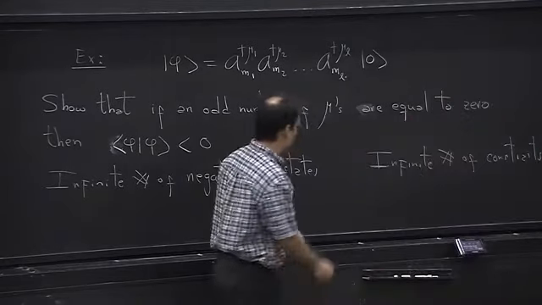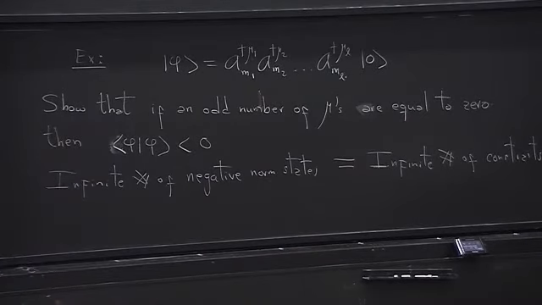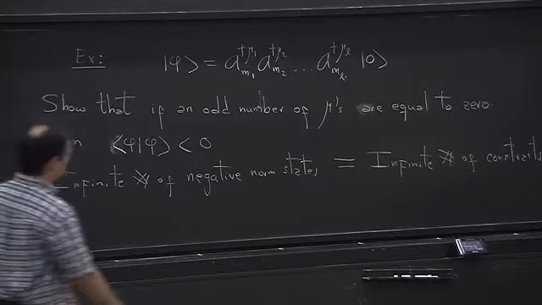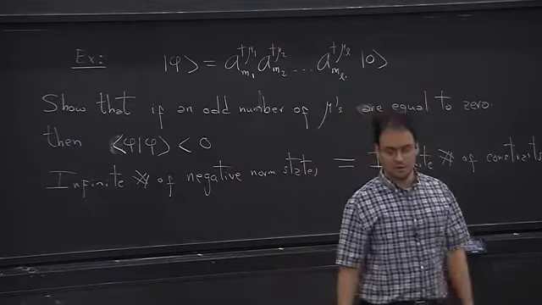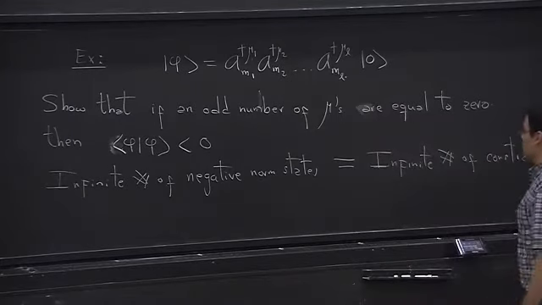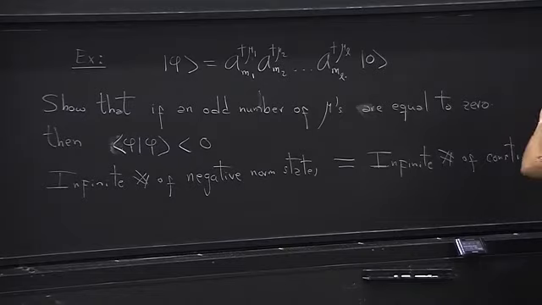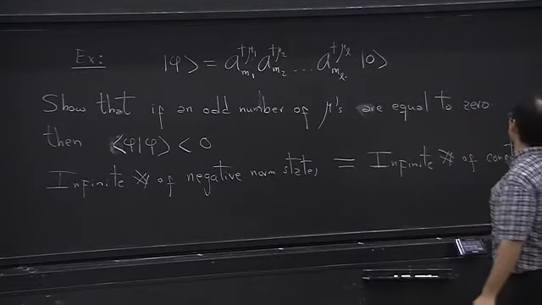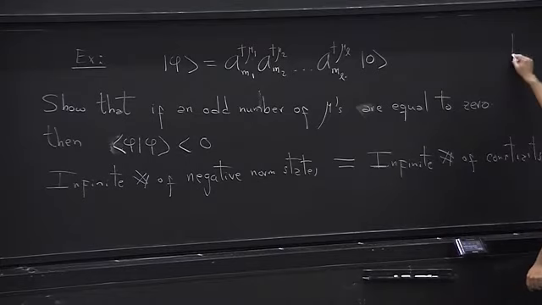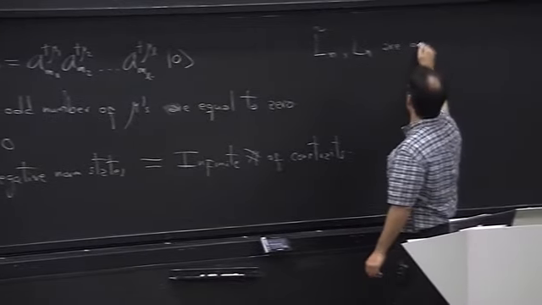So we should only hope that these two things match each other somehow, and that we can use this infinite number of constraints to project out the infinite number of negative norm states. So what are the constraints? Well, we wrote them down there. Of course, now the L's become operators. So our L tildes and L's are operators.